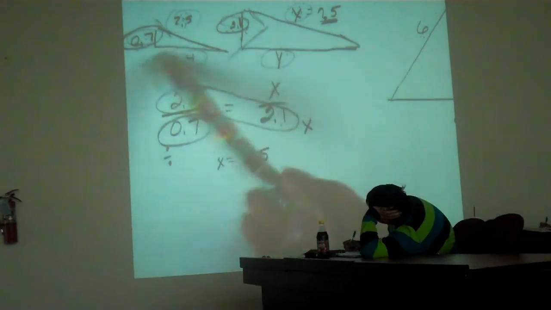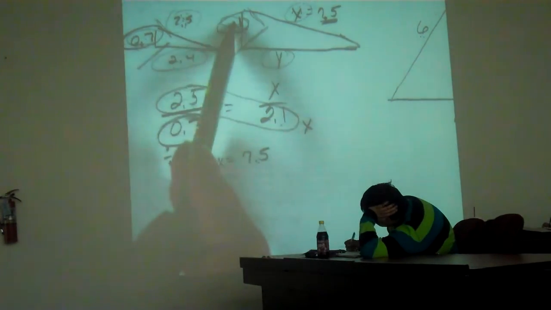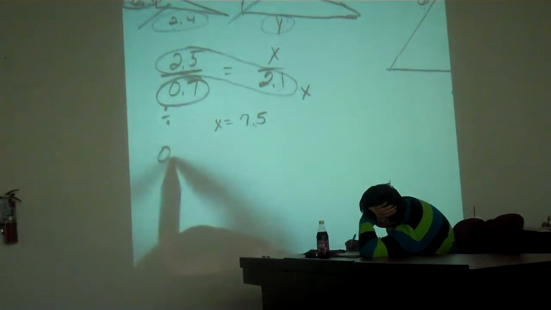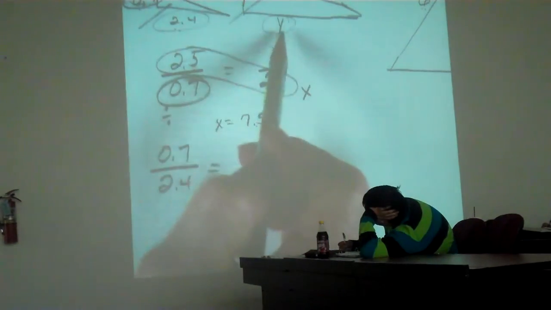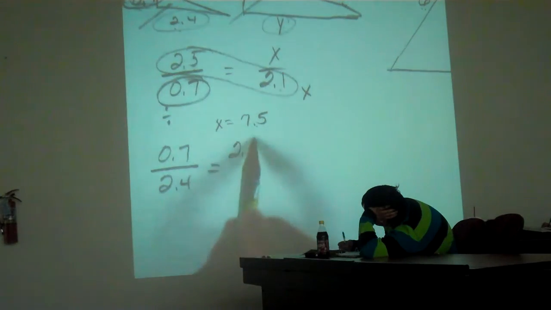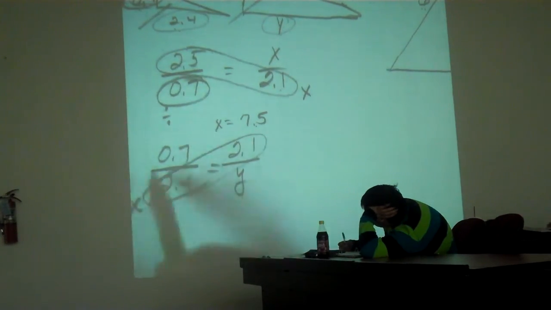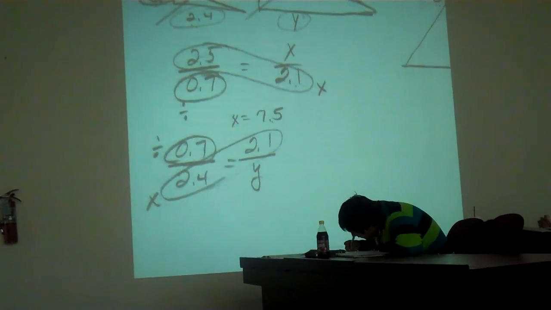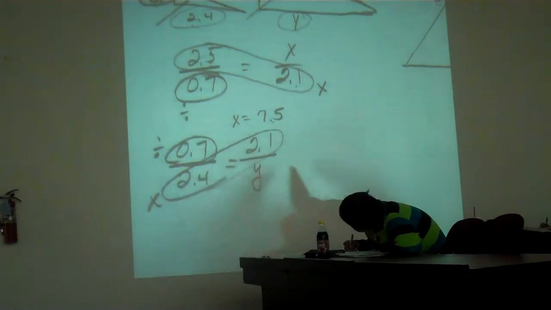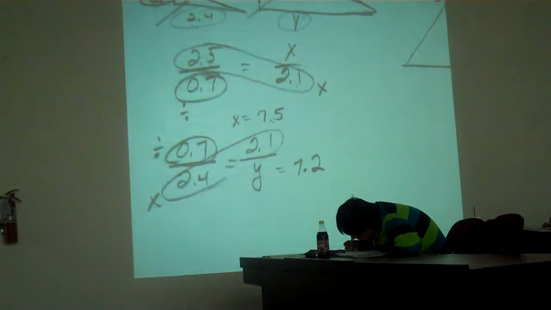So you're going to have a fraction there. 0.7 over 2.4 equals 2.1 over y. And after you multiply those two and divide that one, you should come out with 7.2. You can check those on your calculator.